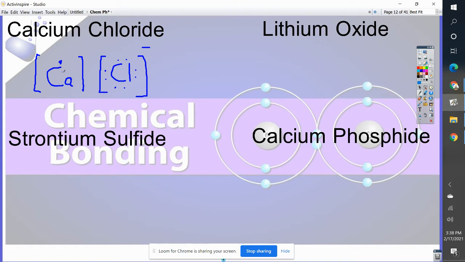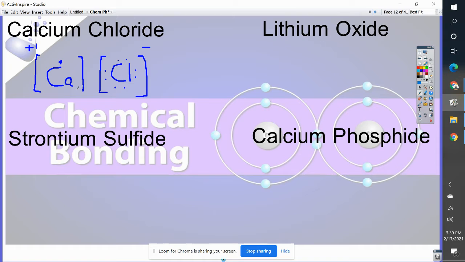Right now, this calcium was neutral when it had 2 electrons. It now has 1. It is less negative. It is positive 1. But this chloride is stable because it's met the octet, but this calcium still is not.